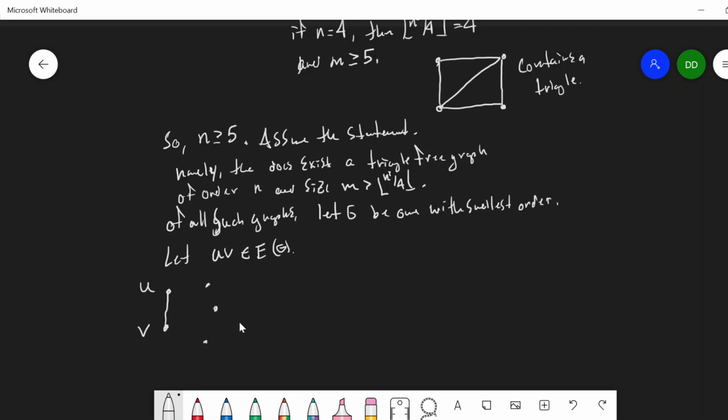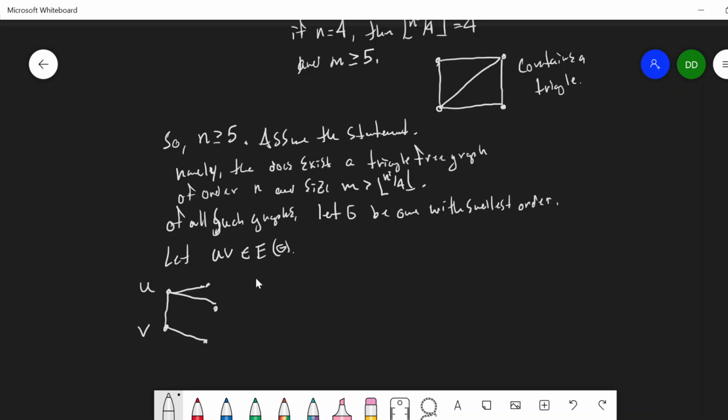But what I want to point out here is that of all the other vertices in the graph, I won't be able to find one vertex that's adjacent to both u and v. There might be some that are adjacent to u. There might be some that are adjacent to v, but I can't find one that's adjacent to both u and v. Otherwise, I'd have a triangle, and my assumption here is that G is triangle-free, does not contain a triangle.